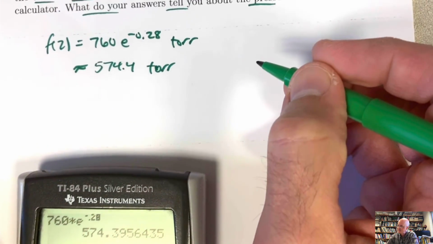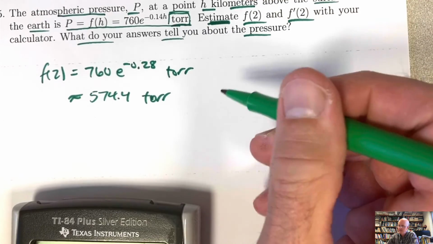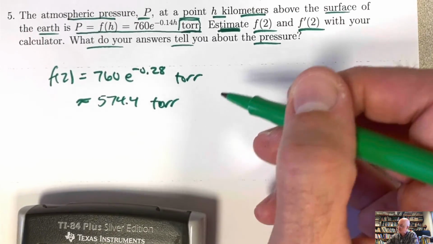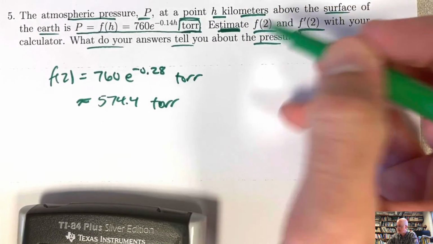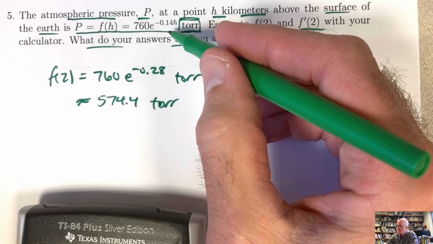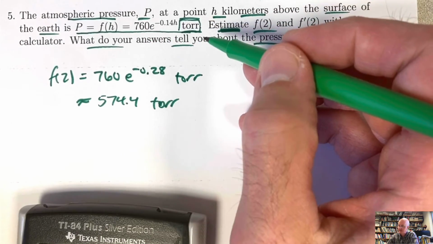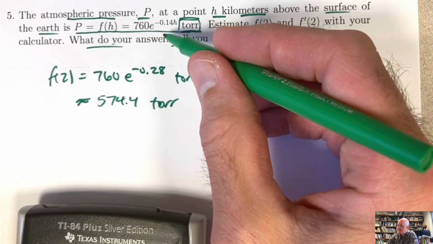That's telling us 2 kilometers up into the sky, the pressure is less than at sea level. If h is 0, I'm assuming it's sea level, then e to the 0 is 1, 760 times 1 is 760, the pressure would be 760.